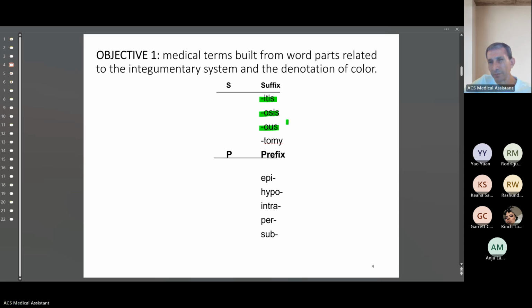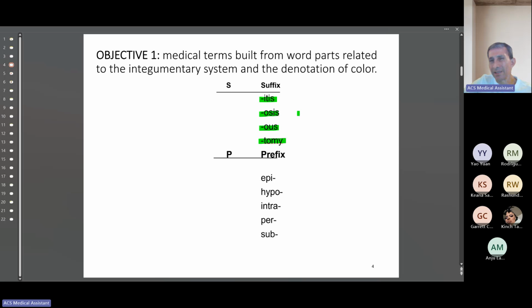OUS, ous. What do you mean? This is pertaining to. Pertaining to. Remember, if you have 1, 2, or 3 letters as a suffix, most of the time, 95% of the time is pertaining to. The other 5% is related to other definitions.